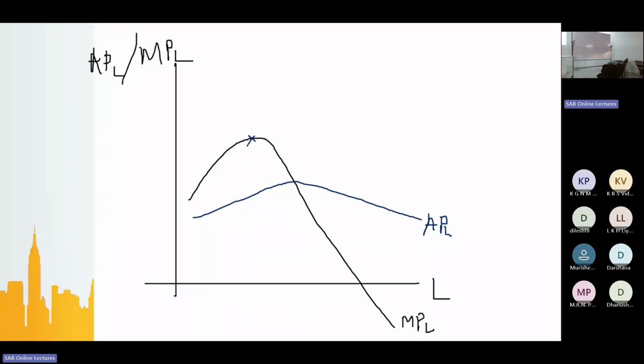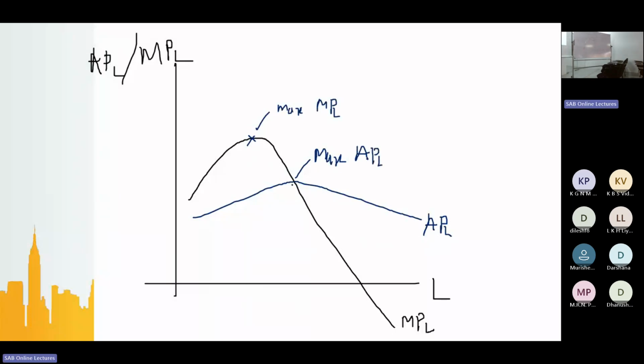This is the maximum point of marginal product of labor. This is the maximum point of average product of labor.